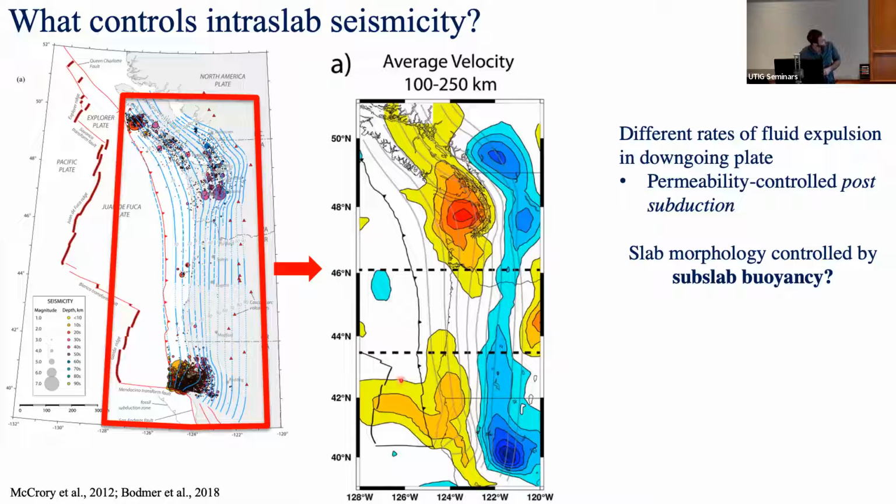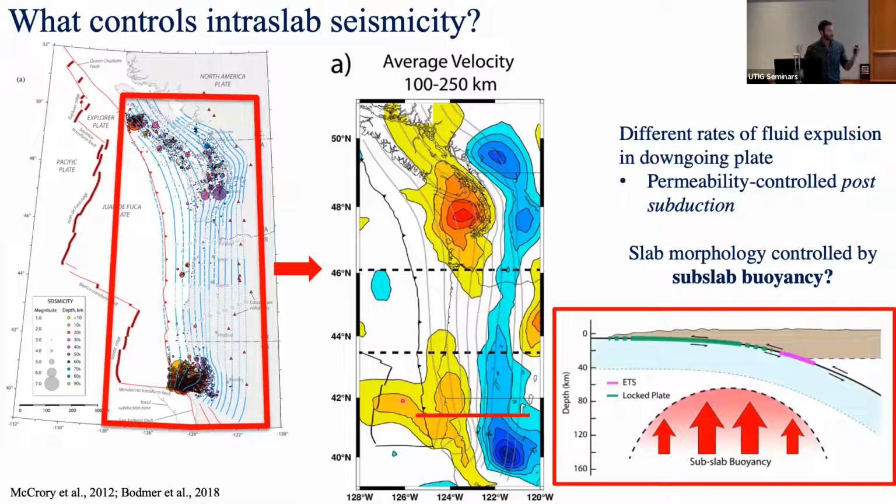In the northern and southern portions of the subduction zone, we have what they interpret as subslab buoyancy anomalies, basically upwelling asthenosphere below your plate that's pushing up on your plate, and then you can't curve back downward until you pass over those buoyancy anomalies. And that's how we get a relatively shallow dip right above these low velocity zones, and then this very highly curved surface as we move further to the east.